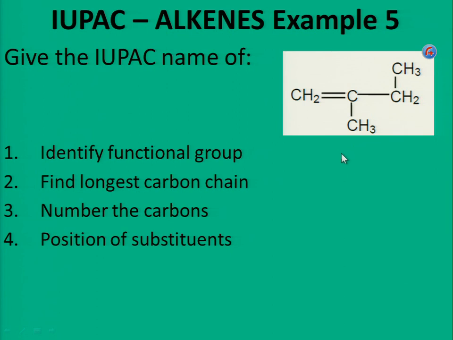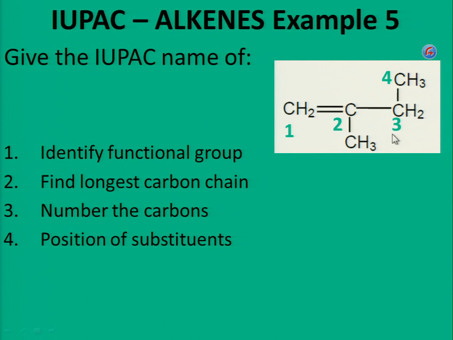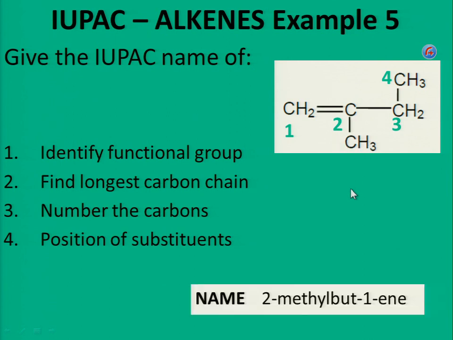And number your carbons. There's your longest carbon chain. 1, 2, 3, 4. And you have a substituent at carbon 2. So the name should be 2-methyl, but because there's 4 carbons, 1-ene because the double bond is at carbon 1.